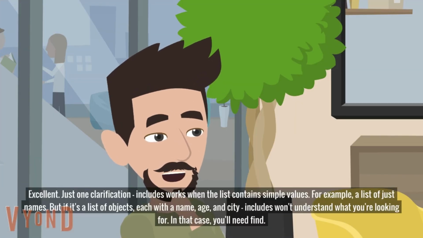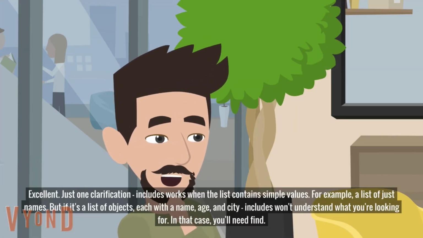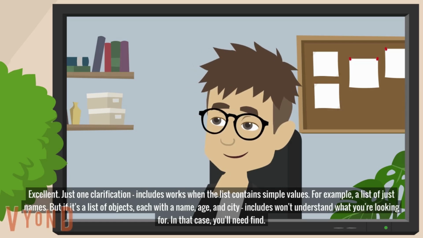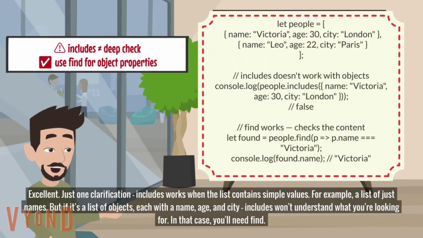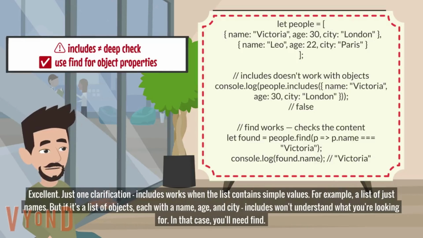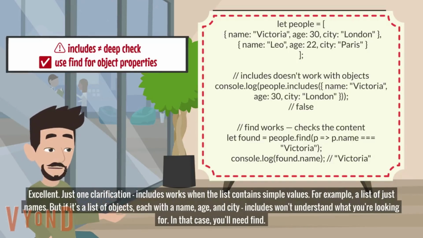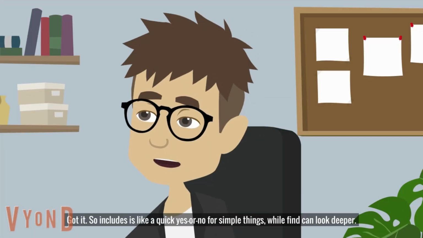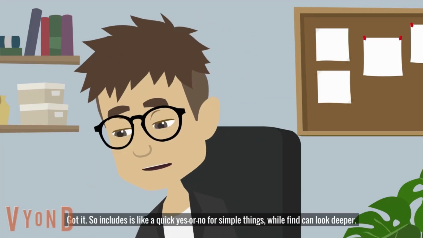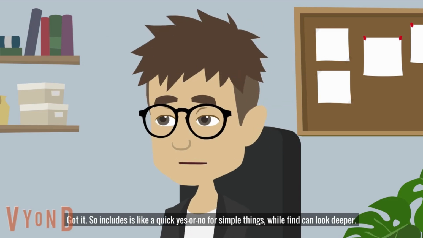Just one clarification. Includes works when the list contains simple values, for example, a list of just names. But if it's a list of objects, each with a name, age, and city, includes won't understand what you're looking for. In that case, you'll need find. Got it. So includes is like a quick yes or no for simple things, while find can look deeper.